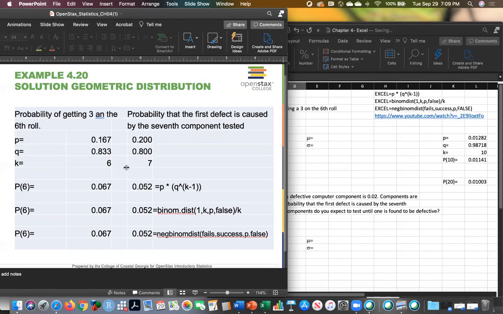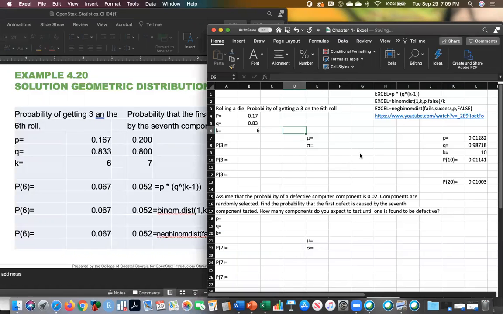K is the number of trials, kind of the sample size here. So we have 6 different possibilities in a die.